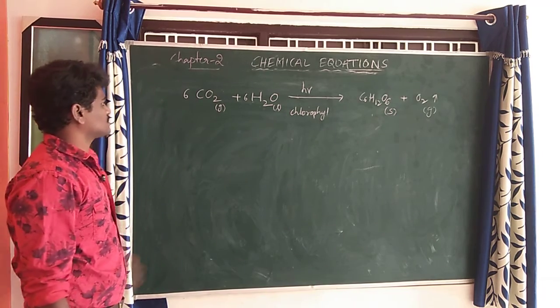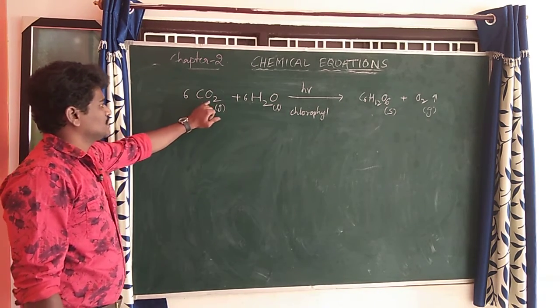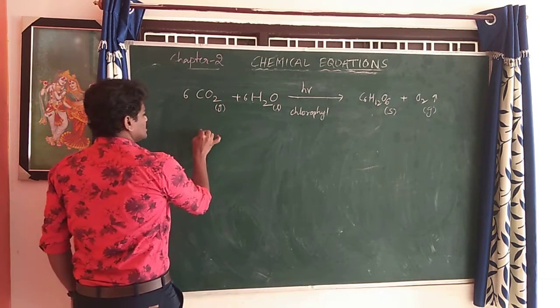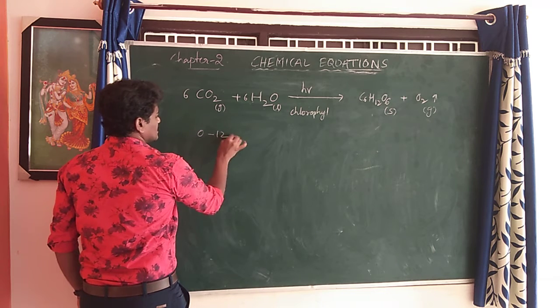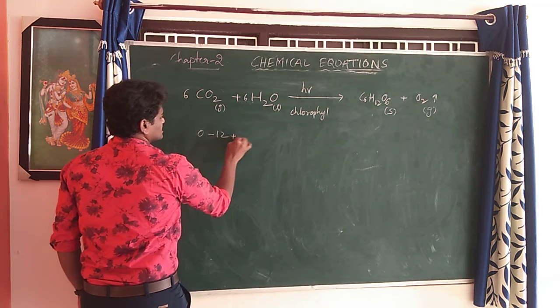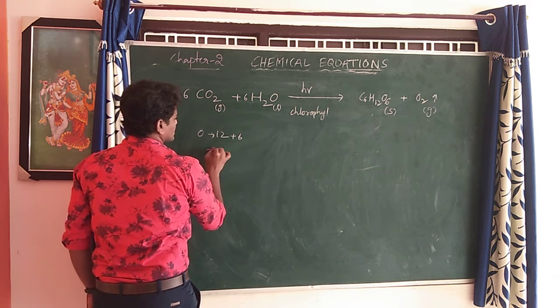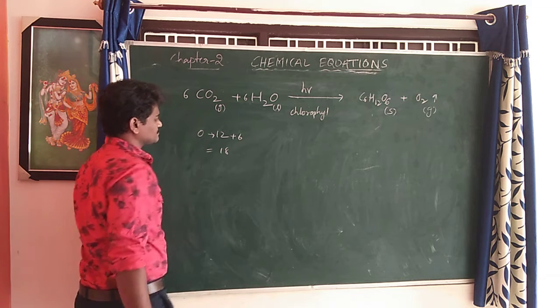Next, coming to the oxygen. How many oxygens are there? 6 times 2 is 12 oxygens here, plus 6 more. Total 18 oxygens.